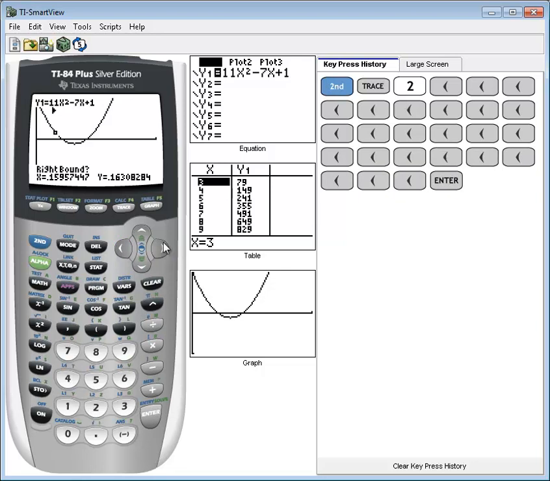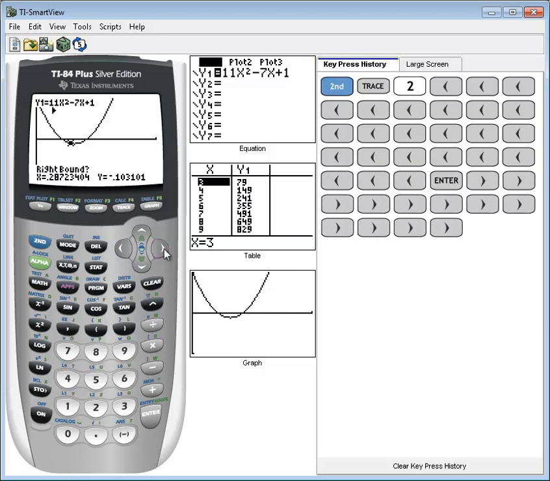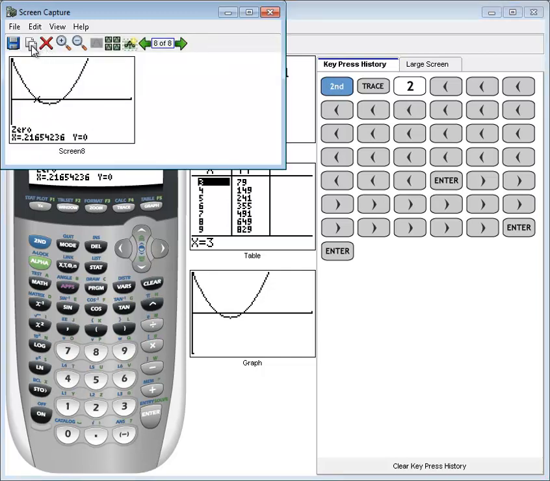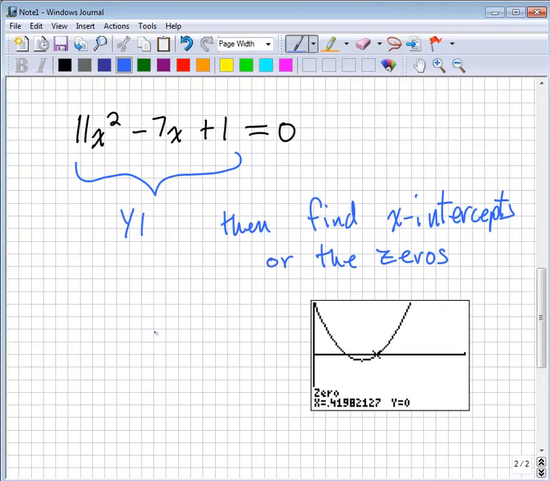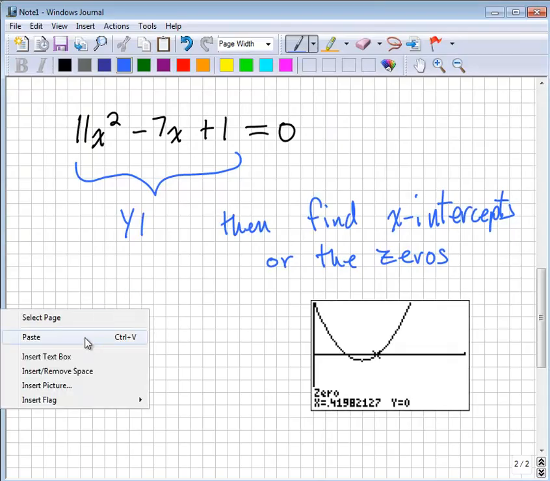So press enter. For the right bound, make sure we're past that point. So this time below that, press enter. For guess, I'm just going to press enter. It'll find that value. There's our second point.